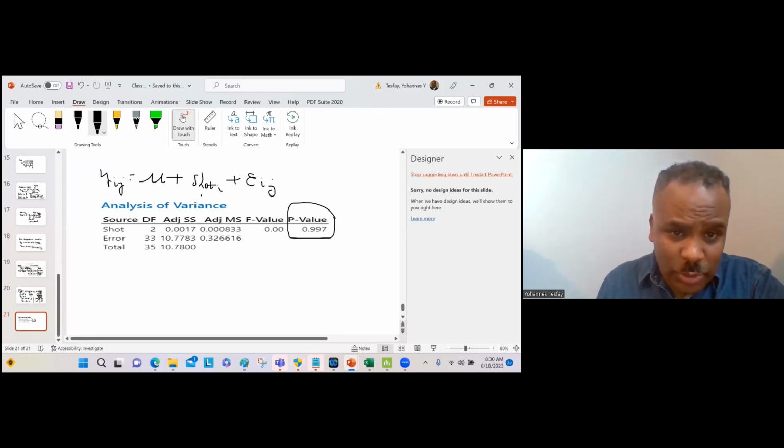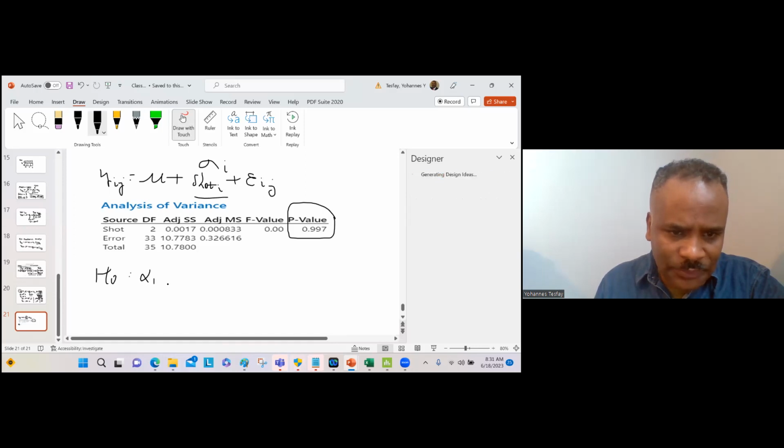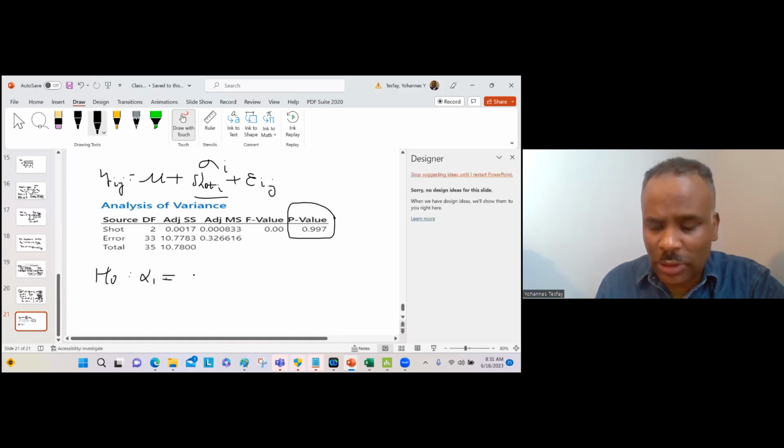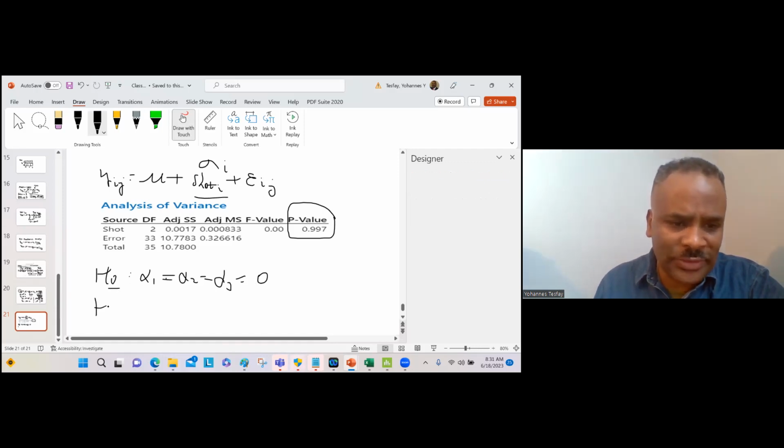So my hypothesis was, you see here, alpha_i. So the ANOVA hypothesis is H naught: alpha 1, that means shot 1, equals alpha 2 equals alpha 3 equals 0. This is my first hypothesis. H null. H alternative, no, H null is not true.